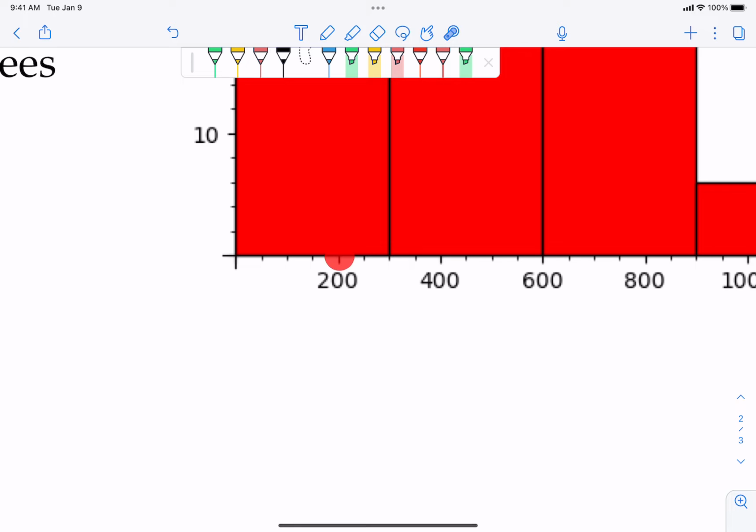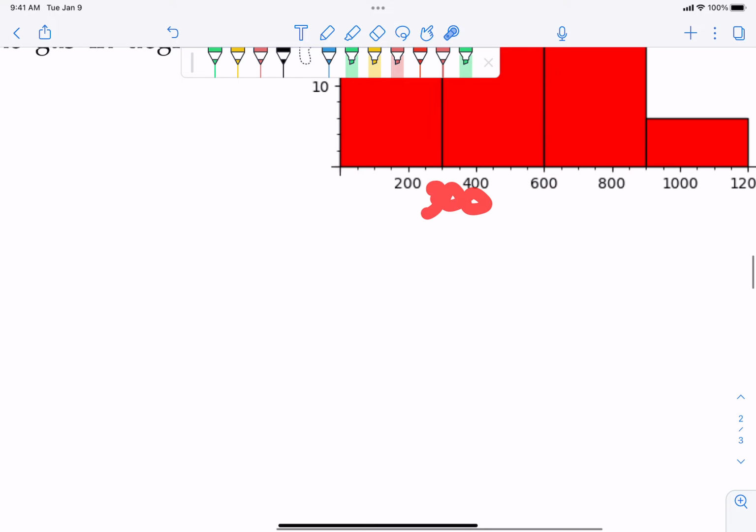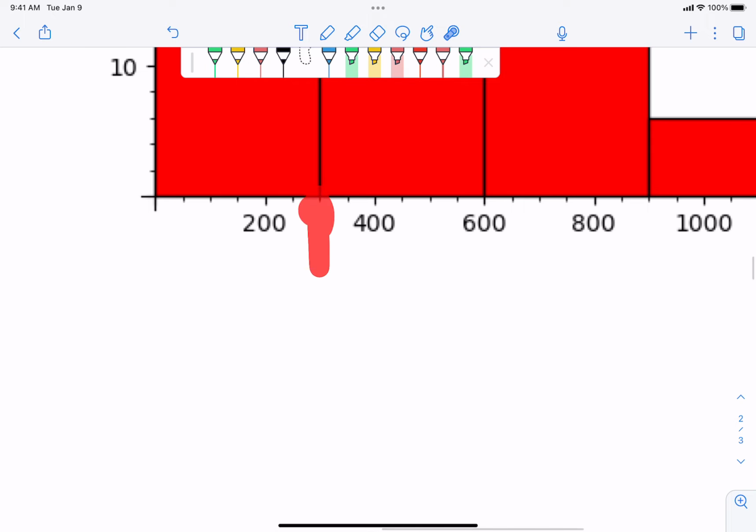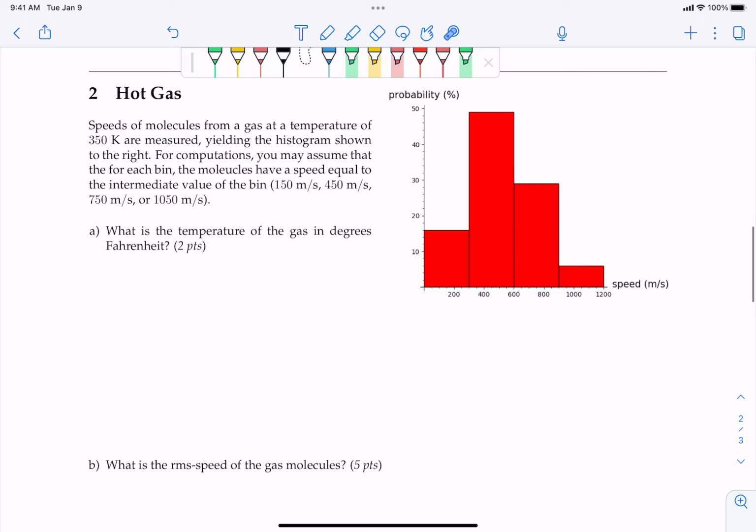So this is going to be 50, 100, 150, 200, 250, 300, right? And this is 0, obviously. So 0 to 300, right in the middle of that is the 150. 300 to 600, right in the middle is going to be the 450, and so on and so forth.